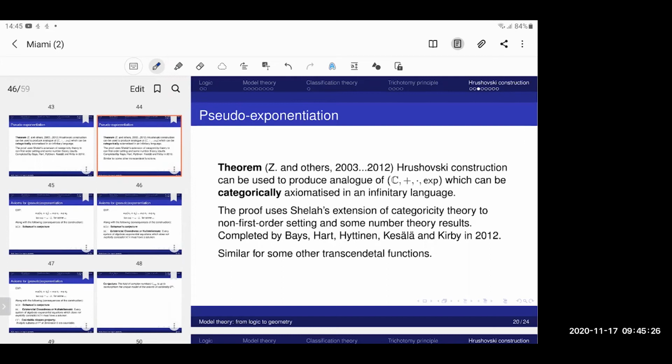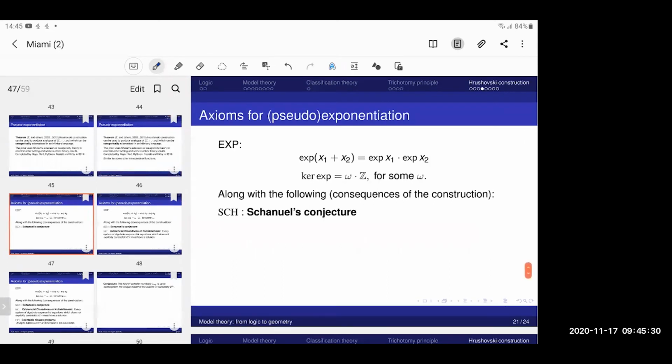But before I go to more general cases, let me just show you some concrete axioms that are the results of this construction and analysis of this construction.